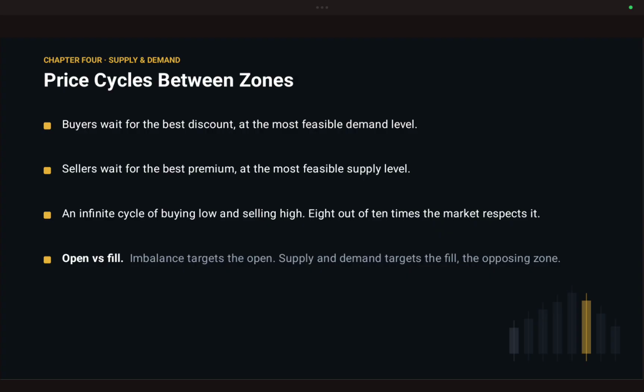So the imbalance targets the open. If you want to trade using imbalance as your target, you target the open of the imbalance. But when you're trading supply and demand, targeting supply and demand, you target to fill the imbalance. Now this is an imbalance. This is the gap between the two candles that didn't touch.